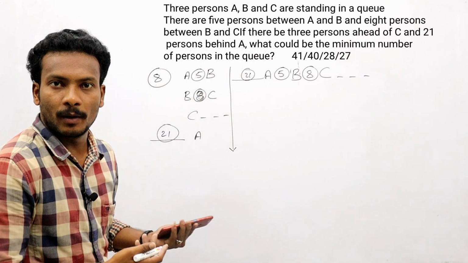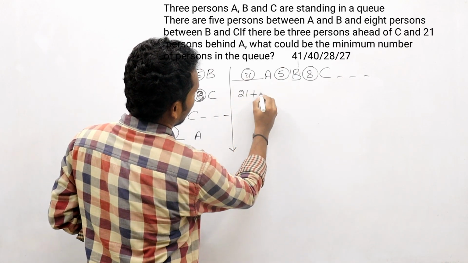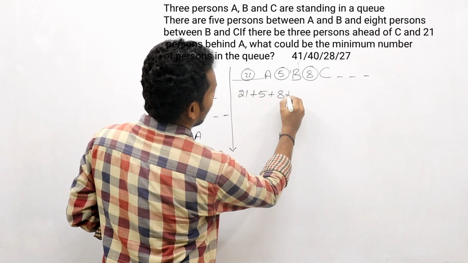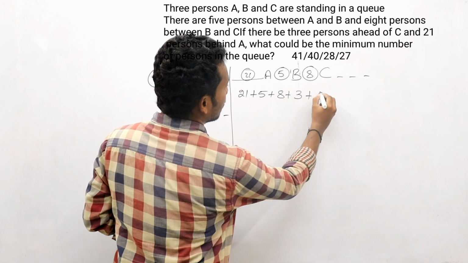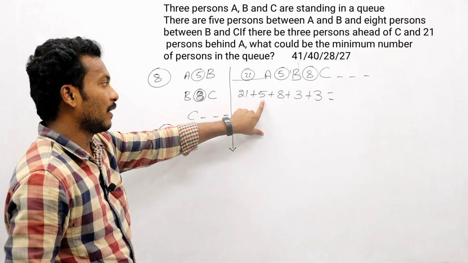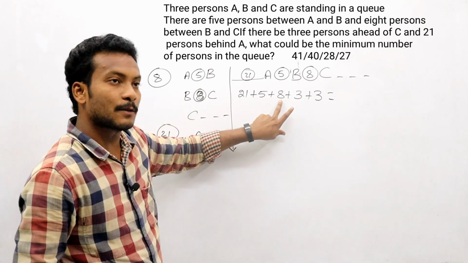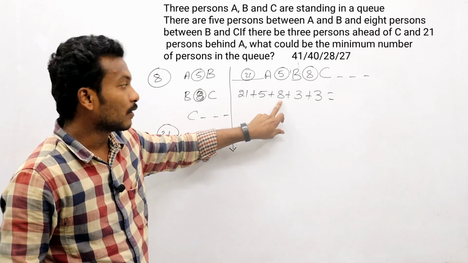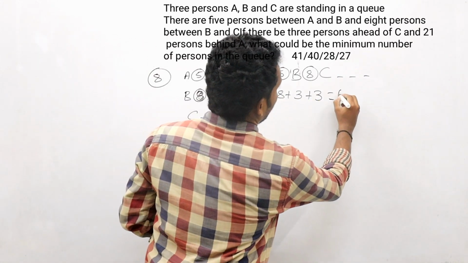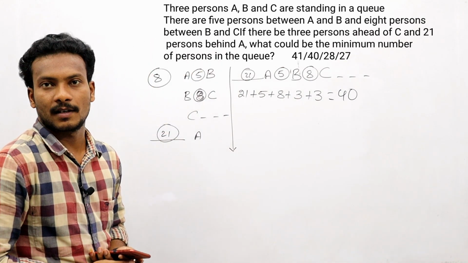Now we will check how many members are in this row. Here it is 21, in the middle 5, 8, after C 3 persons, A, B, C 3 persons. We have to count this one. 21 plus 5 is 26, 26 plus 8 is 34, 34 plus 6, now we need 40. 40 is our required answer.